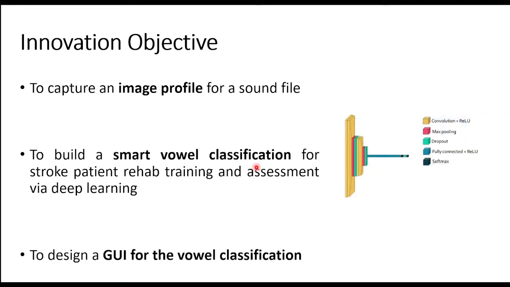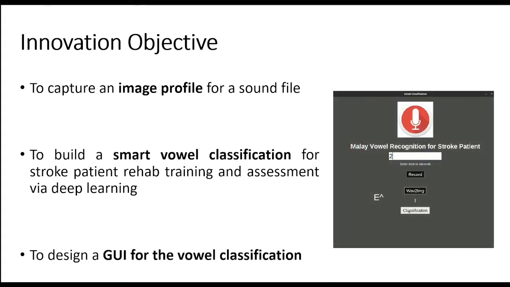The second is to build a smart vowel classification for stroke patient assessment via deep learning. This is one example of a neural network that has been widely used in the whole world. And the last objective is to design a graphical user interface for the vowel classification.